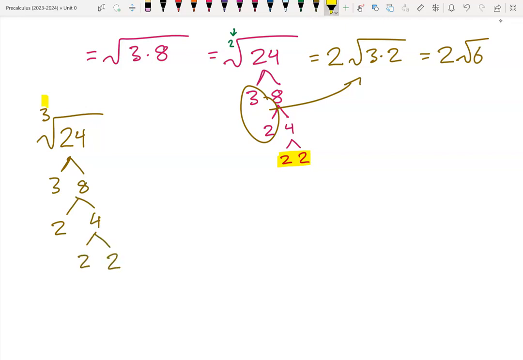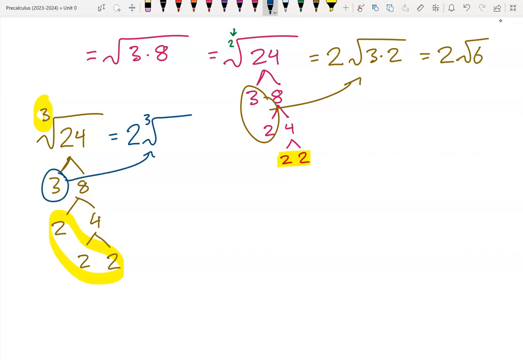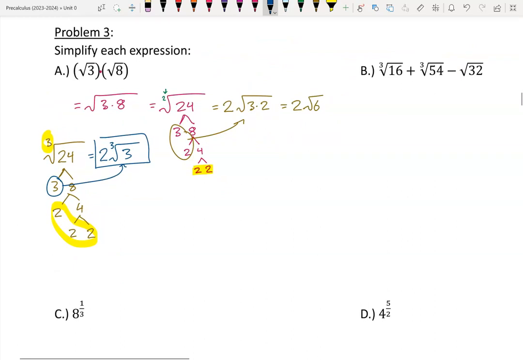This time I want to find 3 of the same number, and there I have 3 of the same number. I take one of those out of the root, that'd be 2 times the cube root, and whatever is left over, in this case 3, gets left inside. So that would be the result if I did the cube root of 24 versus the square root of 24.